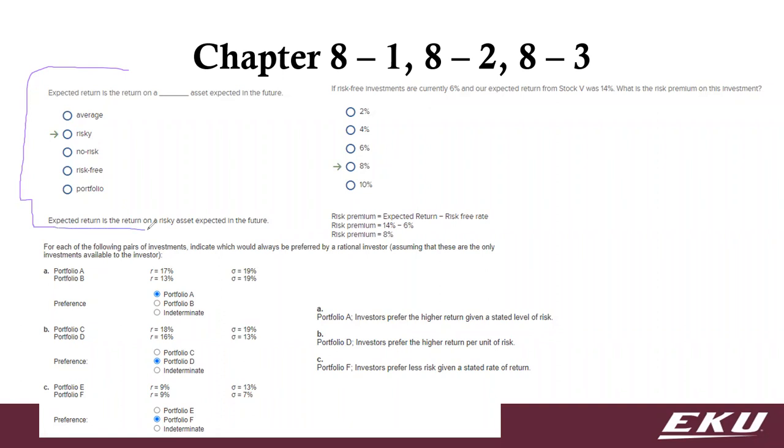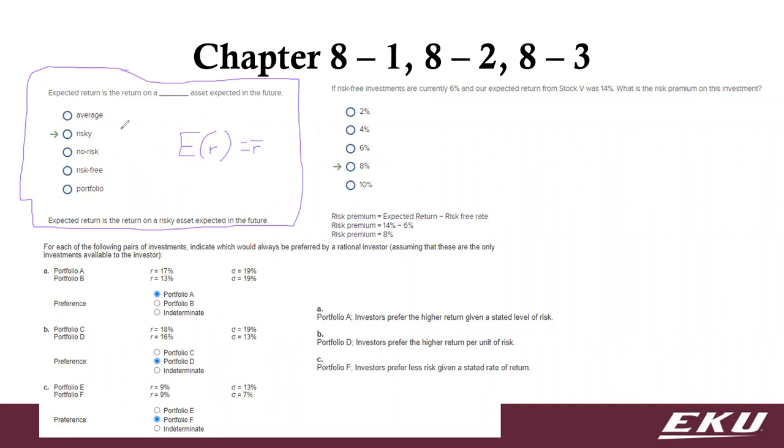The expected return here is the return on an asset expected in the future. You'll see things like expected return written this way sometimes, and you'll see them say that's the average value, or the expected value.